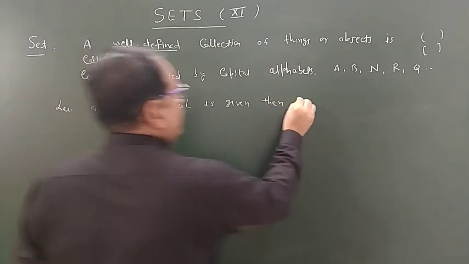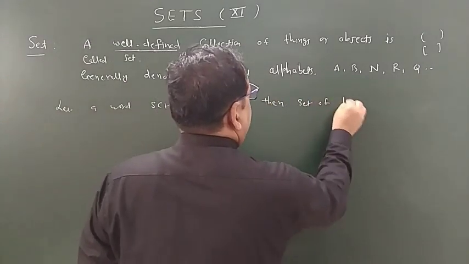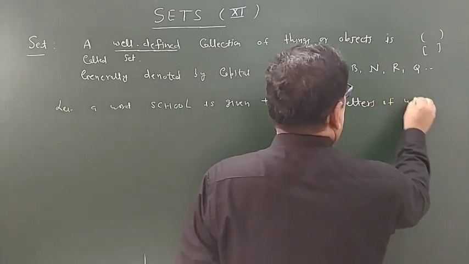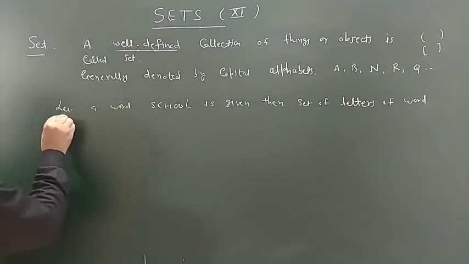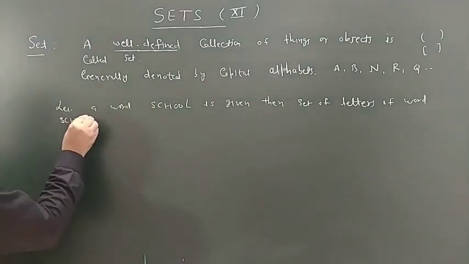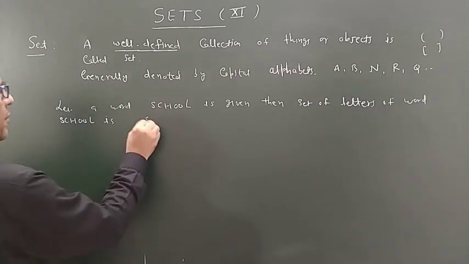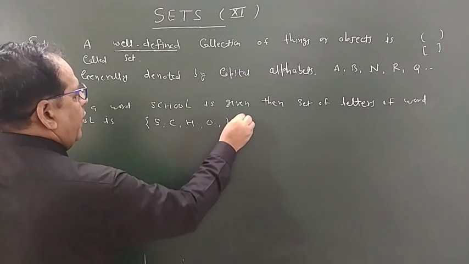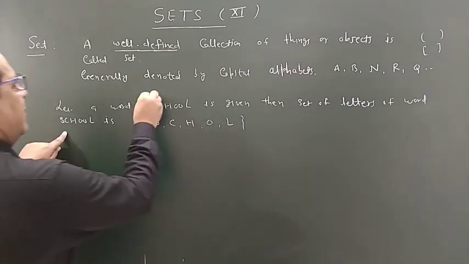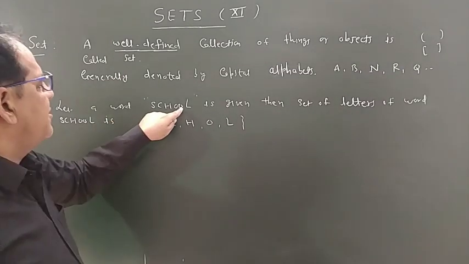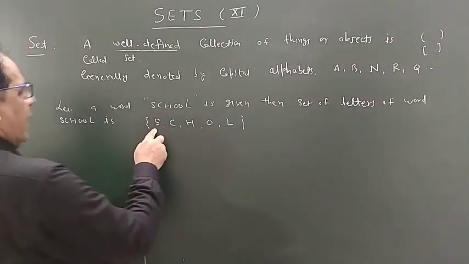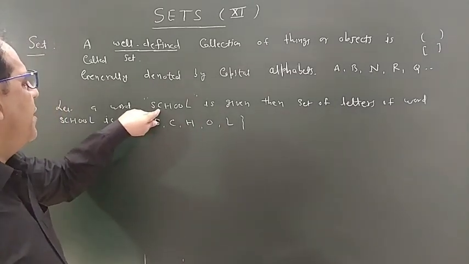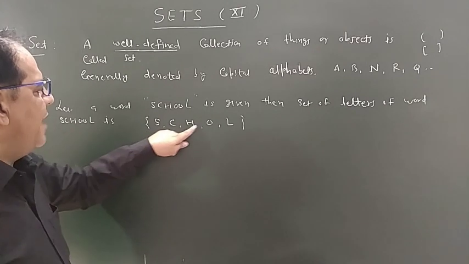Then the set of letters of the word school is {S, C, H, O, L}. Here S, C, H, O, L, and the set indicated by the elements of the word school is given by {S, C, H, O, L}.